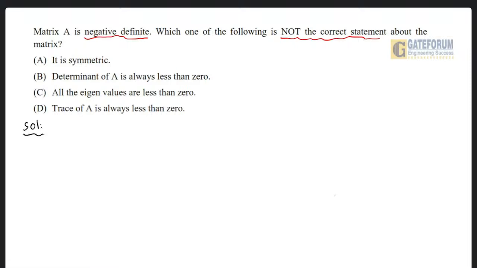We know that a matrix A is said to be negative definite if all its eigenvalues are negative.